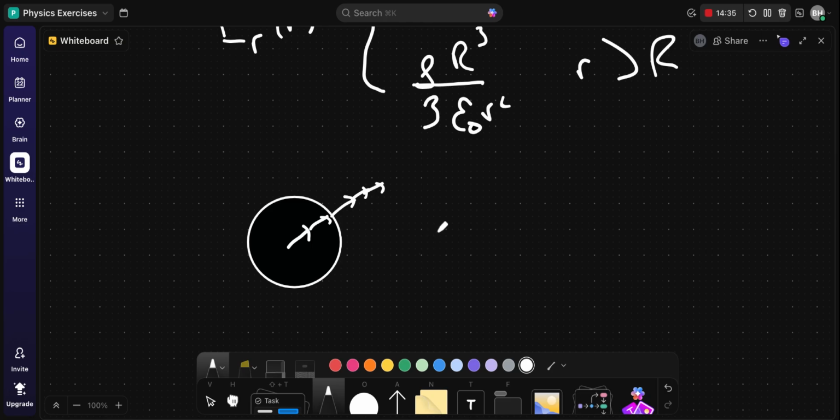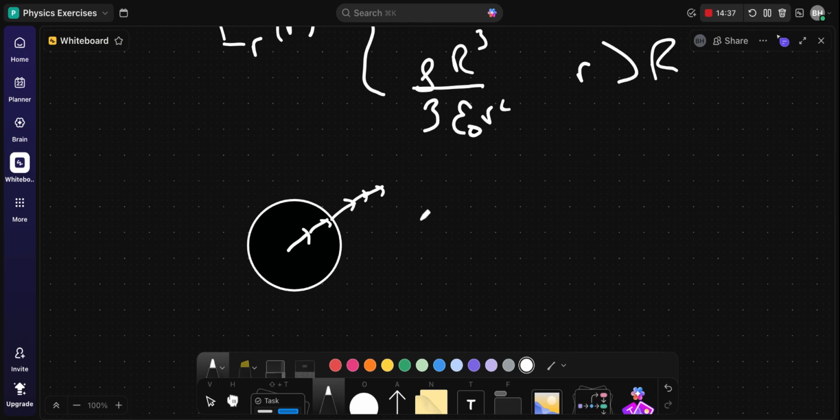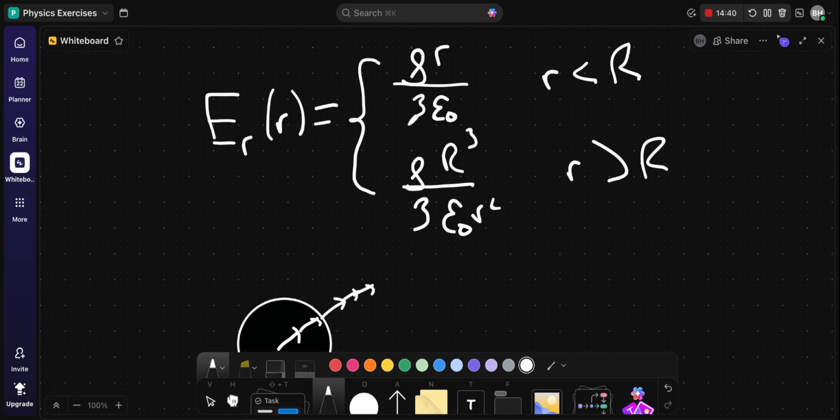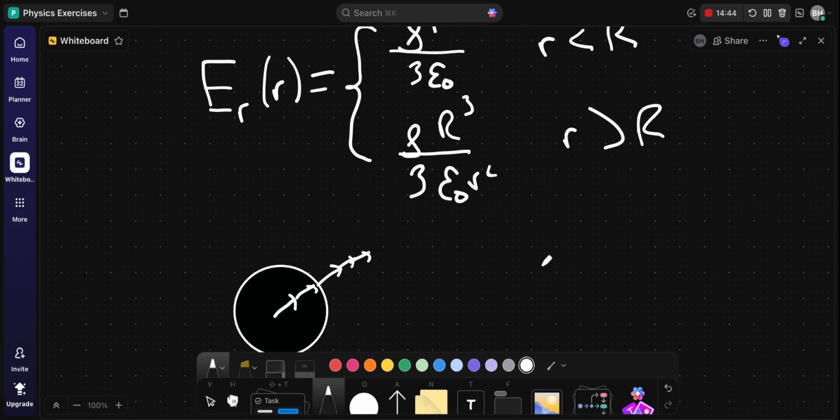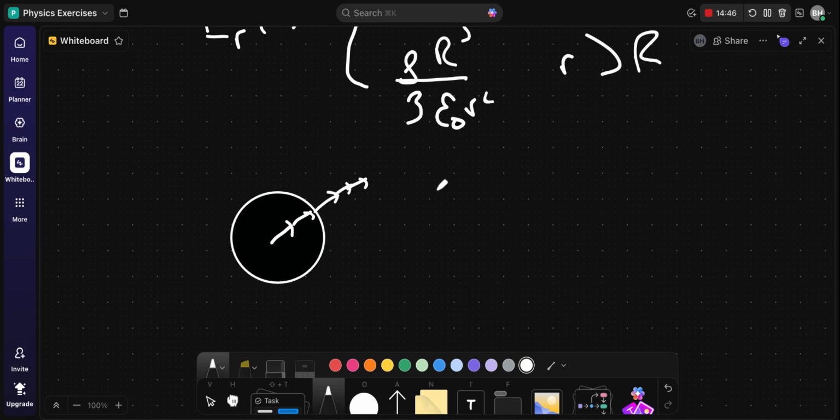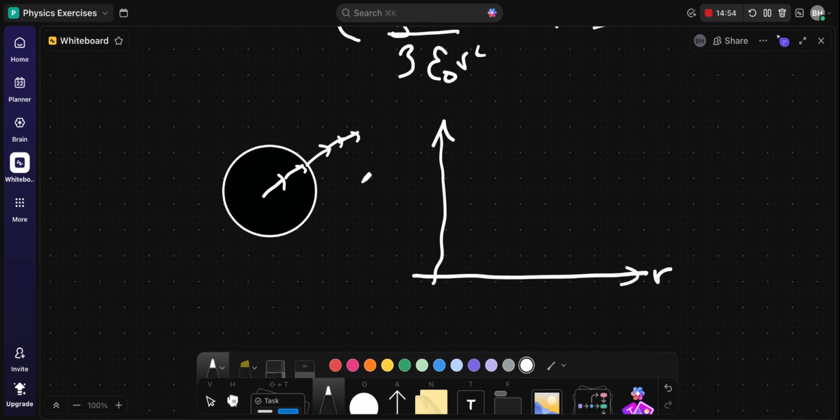I could try again, but I'll just tell you the story. We can plot the magnitude of the electric field. First of all, we can introduce a coordinate system, r, and on that coordinate system, we have the radial component of the electric field as a function of radius, and we have one special point that we are curious about.